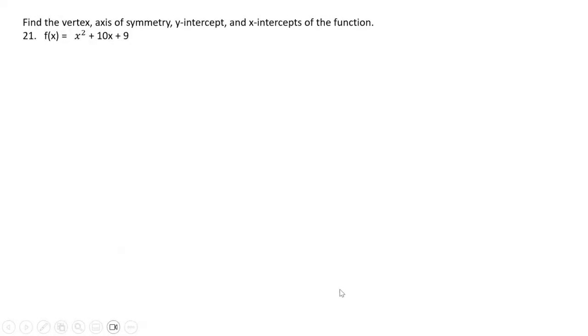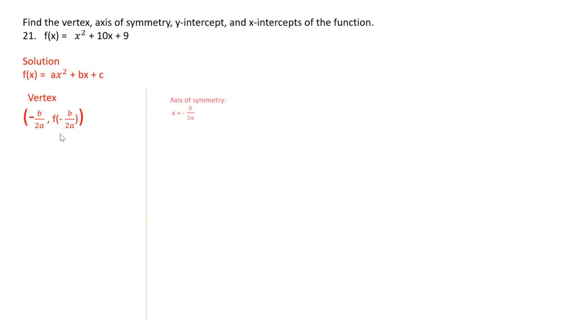Okay, now 21. It says find the vertex, axis of symmetry, y-intercept, and x-intercept of the function. Here's where you find the vertex. That's my formula. To find the x value of the vertex is negative b over 2a, and to find the y value is f of negative b over 2a.